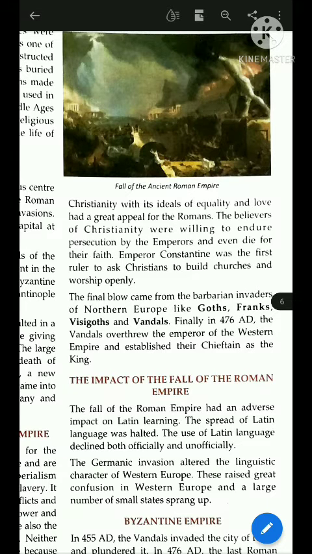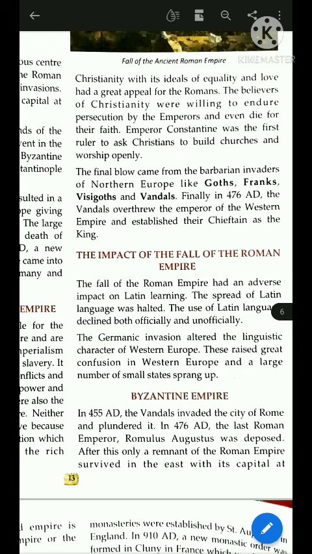The impact of the fall of the Roman Empire. So what was the impact of the fall of the Roman Empire? The fall of the Roman Empire had an adverse impact on Latin learning.